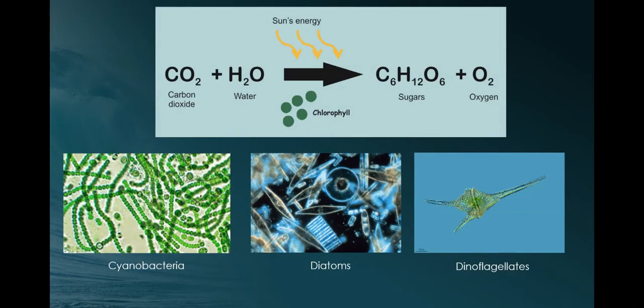Let's talk a little bit about photosynthesis and what it is. So when we talk about photosynthesis, it's a relatively simple chemical reaction. It has carbon and oxygen and hydrogen. And these are taken into photosynthesis in the form of carbon dioxide and water. All right.